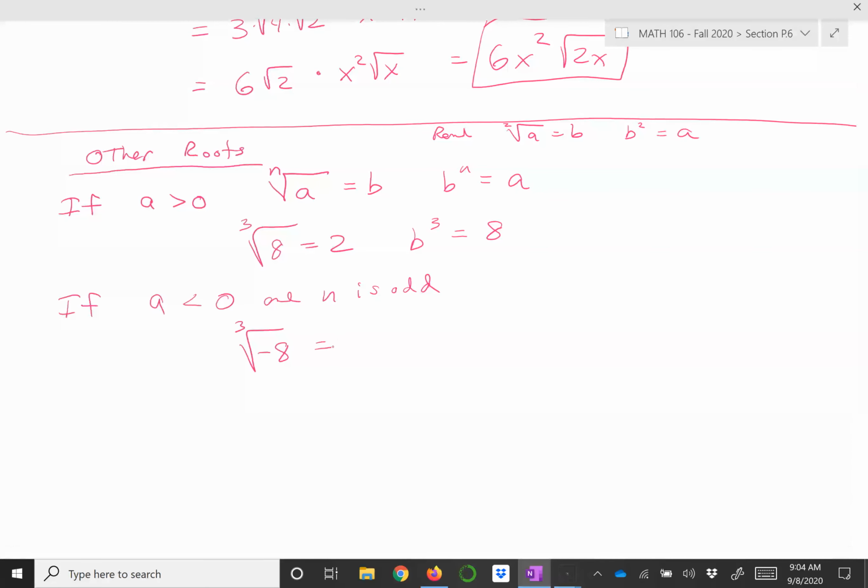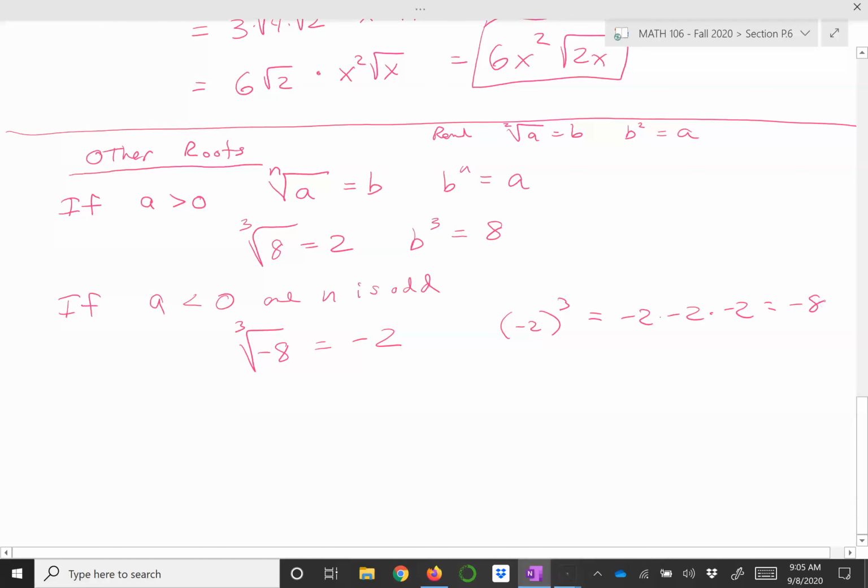Could I take a cube root? I can. -2. Odd roots, you're allowed to have negative numbers in there to get real solutions. Because -2 cubed is -2 times -2 times -2. Only one pair of negative signs cancels out to be positive, so there's still one left and you get -8. So just be aware of that.